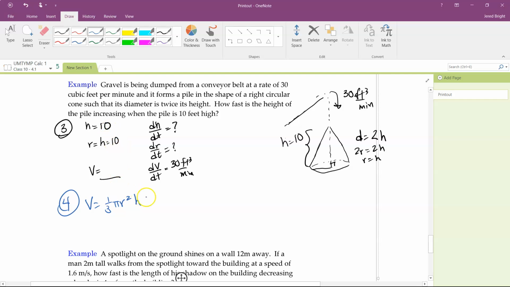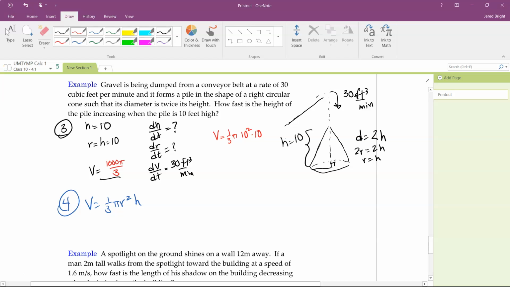This would effectively be volume is equal to 1/3 pi, and then radius is the same as height, so it'd be 10 squared times 10, which is effectively 10 cubed, right? So I'd have 1,000 pi over 3.